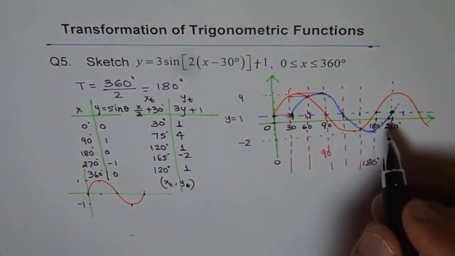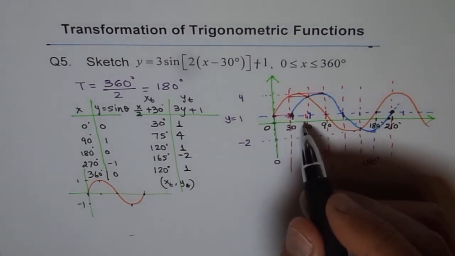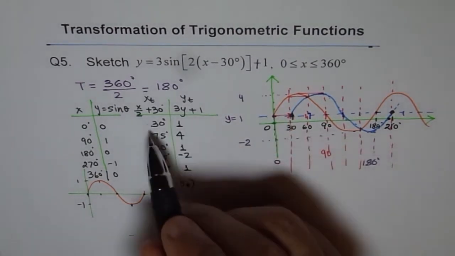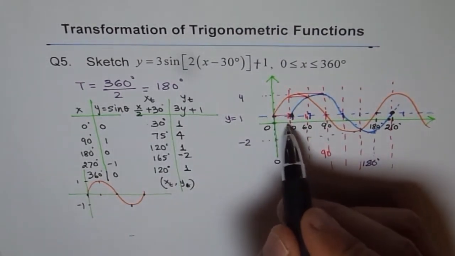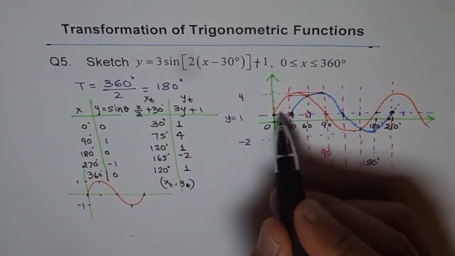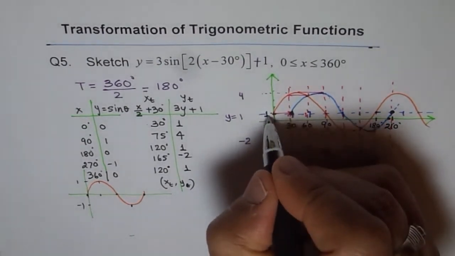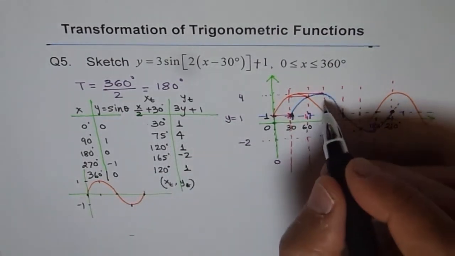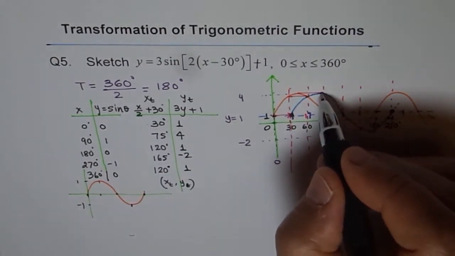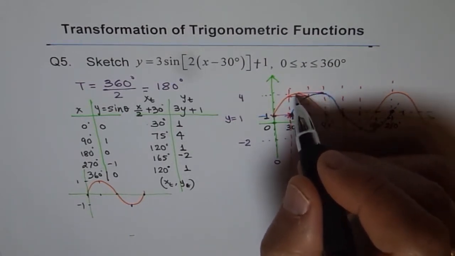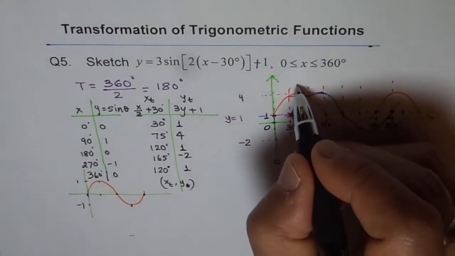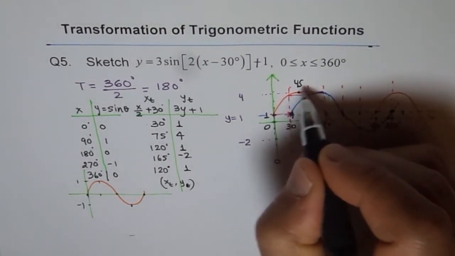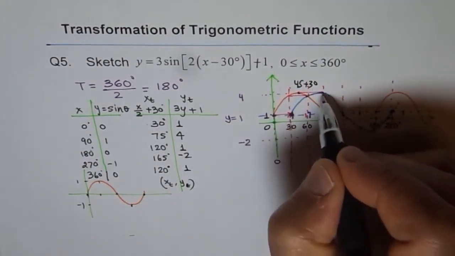So on your graph paper, mark 30s, and then plot your points. The first point will be 30 and 1. Do you see that 1? Second is 75 and 4. So the peak will be at 75. Earlier the peak was at 45, and when you add 30 to it, you get 75.